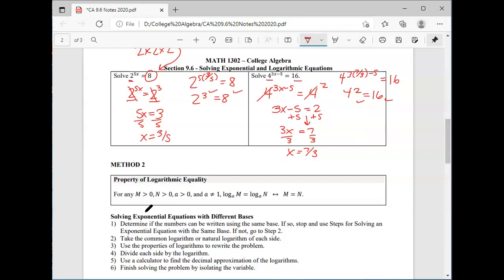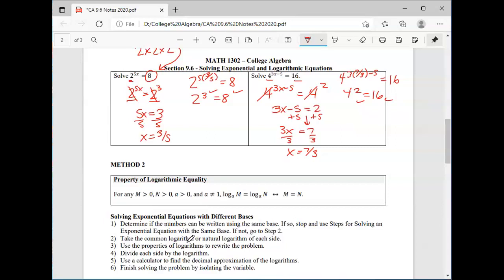So when you have something that has an exponent that has a different base, you're following these same steps. You're going to determine if the numbers can be written using the same base. If so, do that. If not, then you're going to take the common logarithm or natural logarithm of each side.